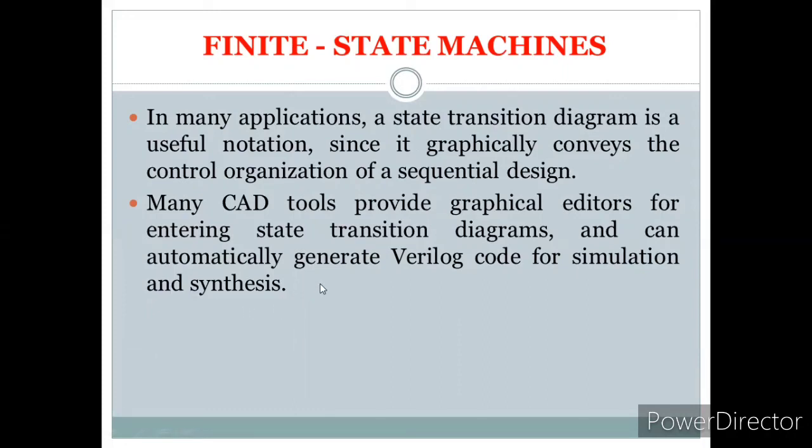So what happens? It reduces the designer's time for writing the program. This is the most important thing present in finite state machines. Almost all the tools that we have make use of it. In the Xilinx tool we have studied, we also have an option of designing the state machine, and we can generate the code automatically there.